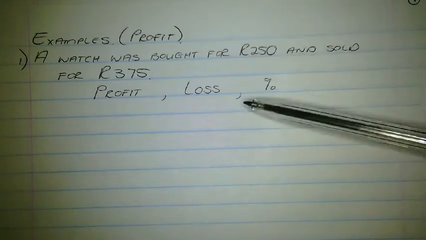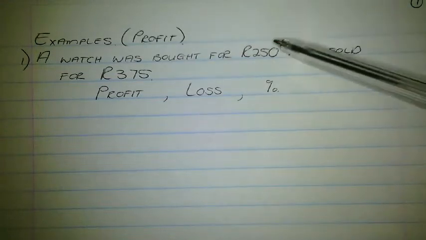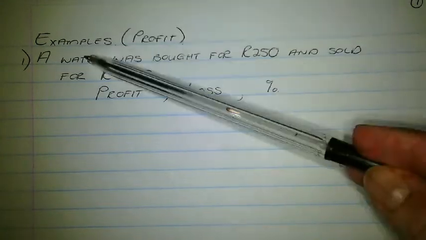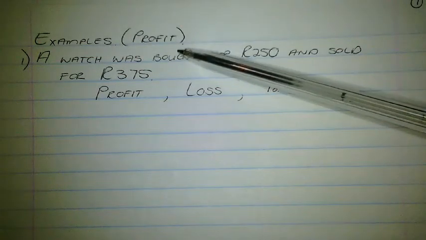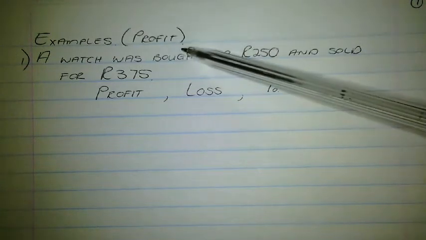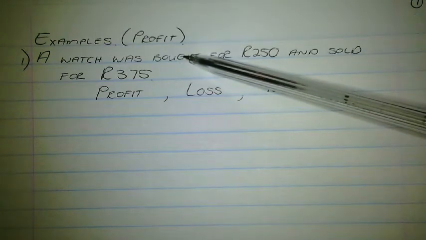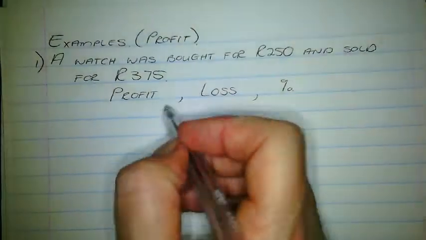Okay, to be able to do that, you must identify in the sentence what was the item that you bought it for first. So you paid money to be able to get the watch, and that is always the thing that we start with, basically the amount that you bought it for.